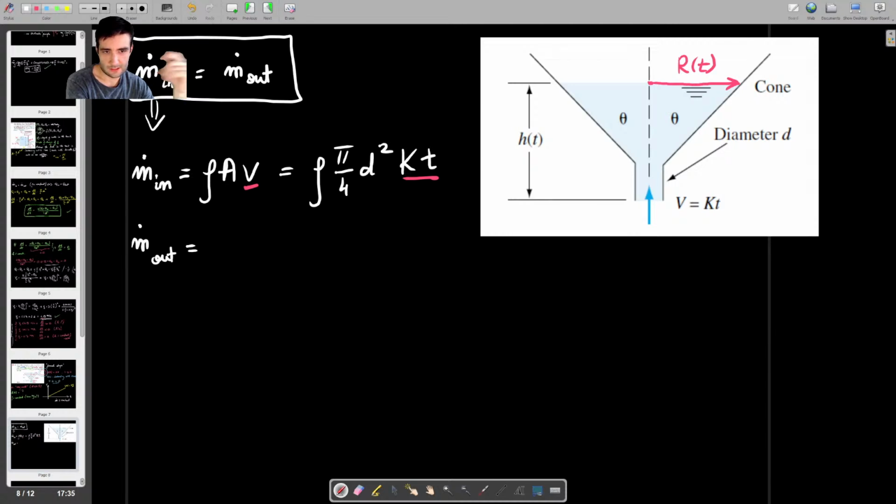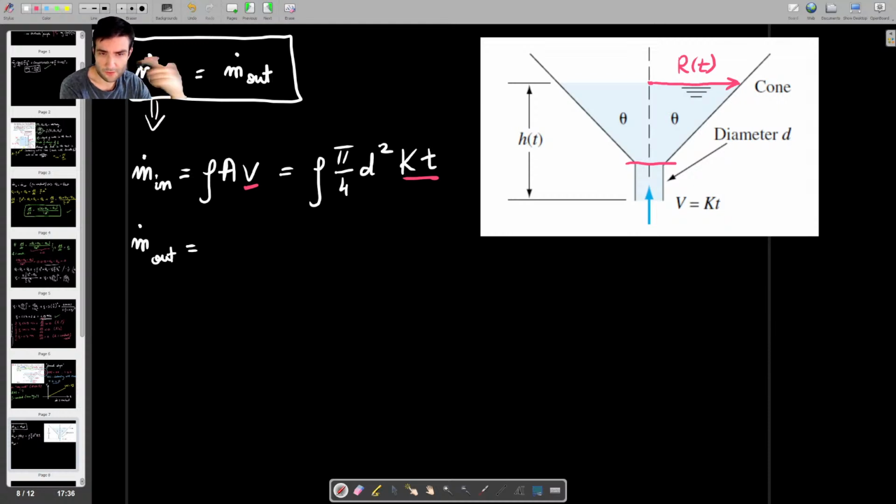Now, the other thing I'll say is that this inlet pipe here, I'm going to say it's very small. And I don't actually like the fact that they measure h from the bottom. I think it would make more sense to measure the h from here, because I don't really care what happens below that fake vertex of the cone.